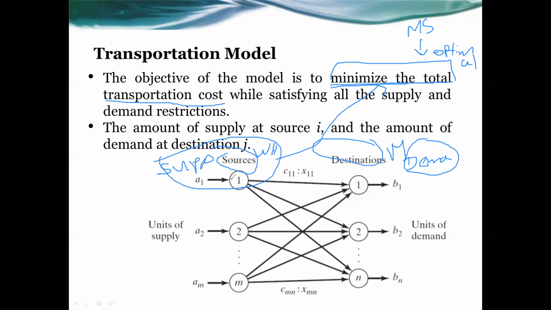Otherwise, you could start from source one, that means warehouse one, and try to fulfill all three marketplaces, and then again from warehouse three, you try to distribute to all three markets. Likewise, you can do it, but finally, when you calculate your total cost, you get the highest cost, including unbearable transportation cost.